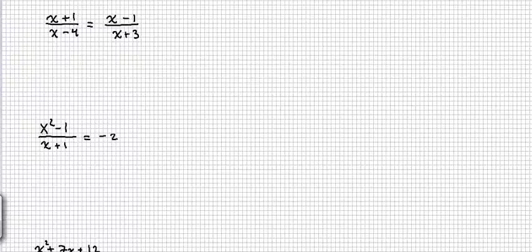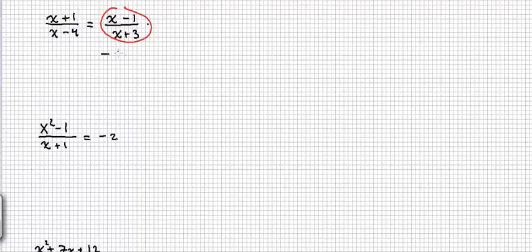So, for here, we have x's all over the place. So what we're going to try to do is get all of our x's onto one spot. The easiest way to do this is to subtract from both sides this quantity here.